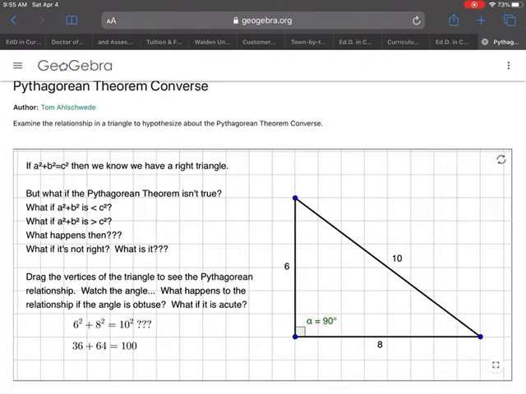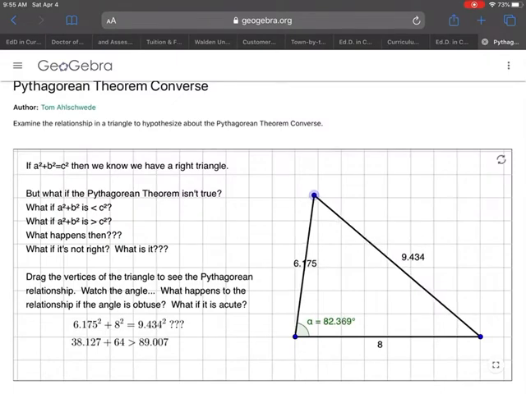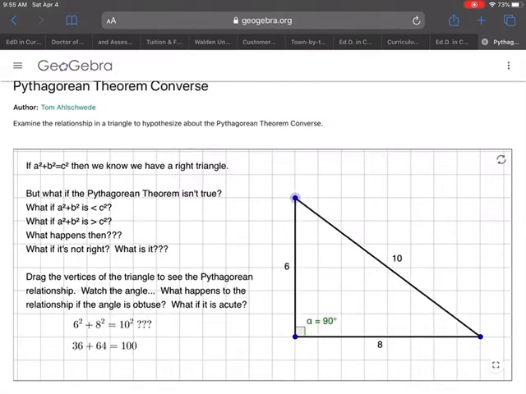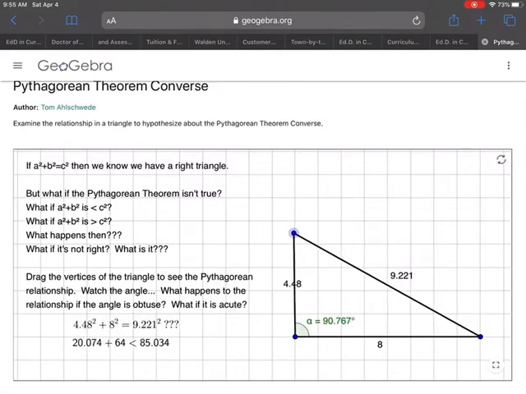So here you would see, if you move this, and then you move it back to a point where A squared plus B squared equals C squared, you would then see that it forces it to be a right triangle. And you can do that right through like this. Okay?